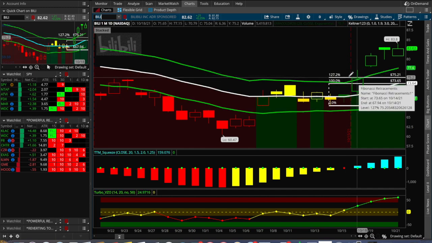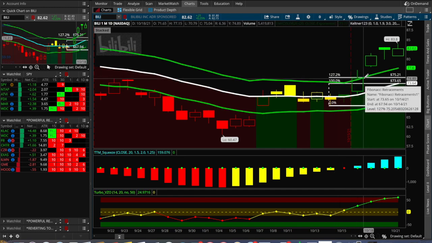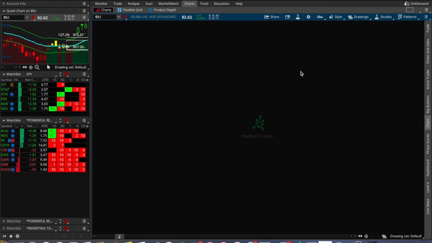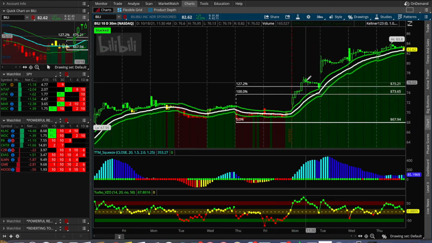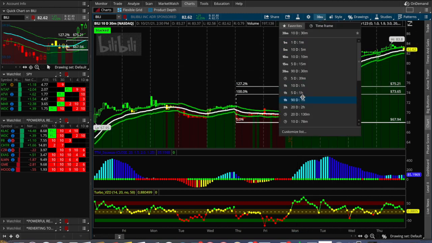It came right back down to that 127.2 Fibonacci extension right there. So that's all I'm looking for. That was a 200% gain for me in one day. 30-minute squeeze, boom, pop out, bam, came back. It continued on, but I'm not going to be greedy. I'm going to get my gains and go on.